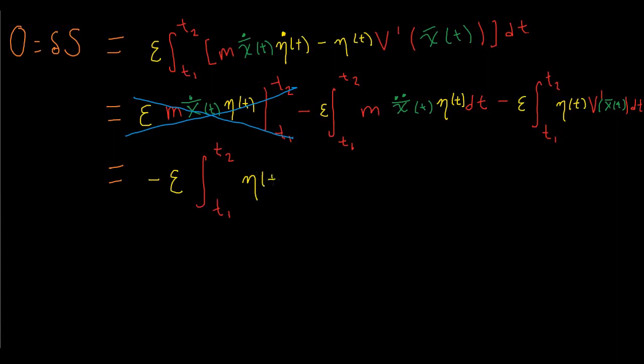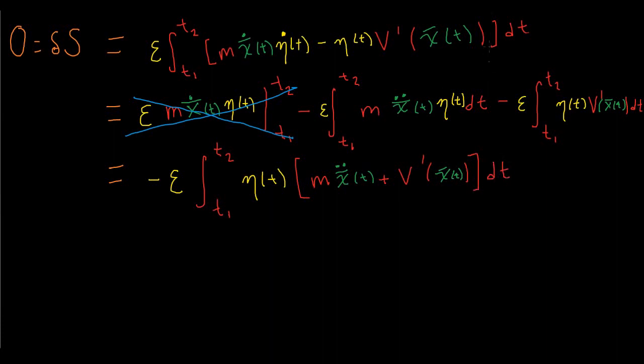Times eta of t, and then all in brackets, m x bar dot dot of t plus v prime of x bar of t dt.